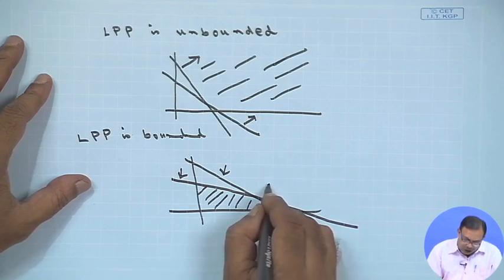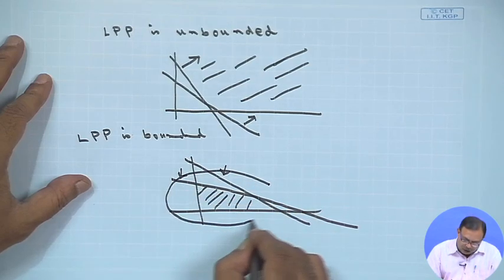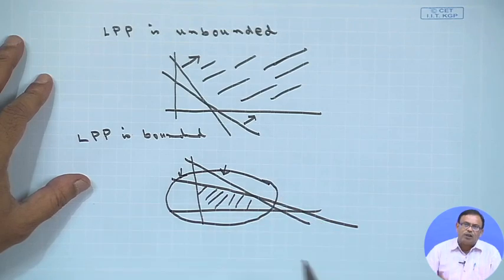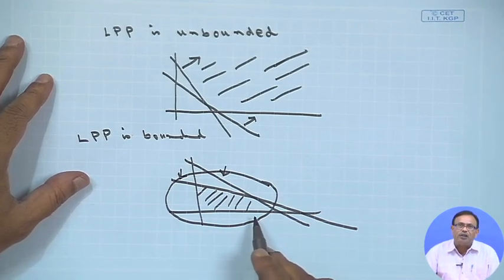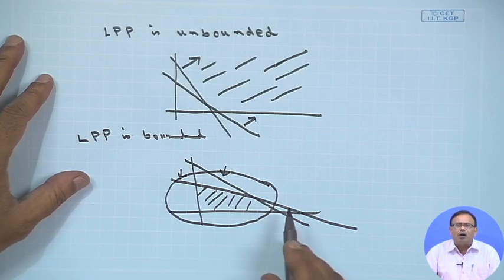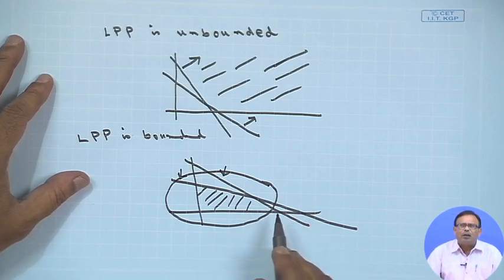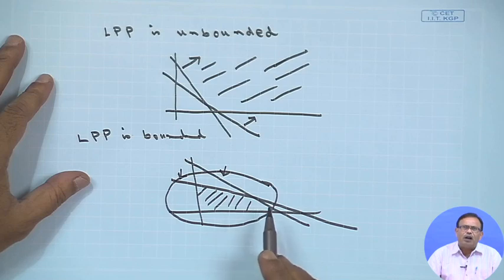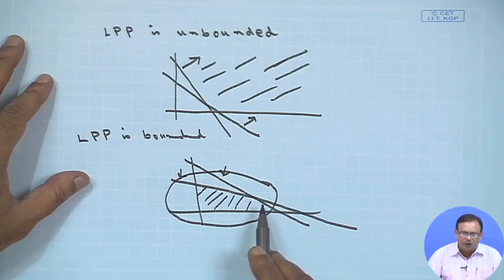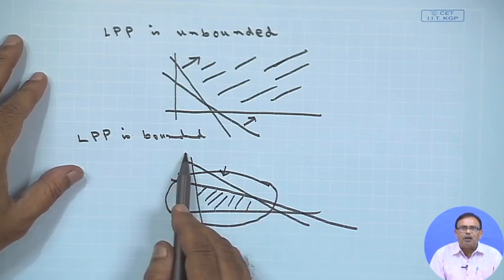So, if I can draw some circle in such a fashion that the feasible region lies inside the circle, now the radius of the circle may be as large as possible, but if I can draw one circle of sufficiently large radius such that the feasible region lies inside the circle, then we say that the LPP is bounded.